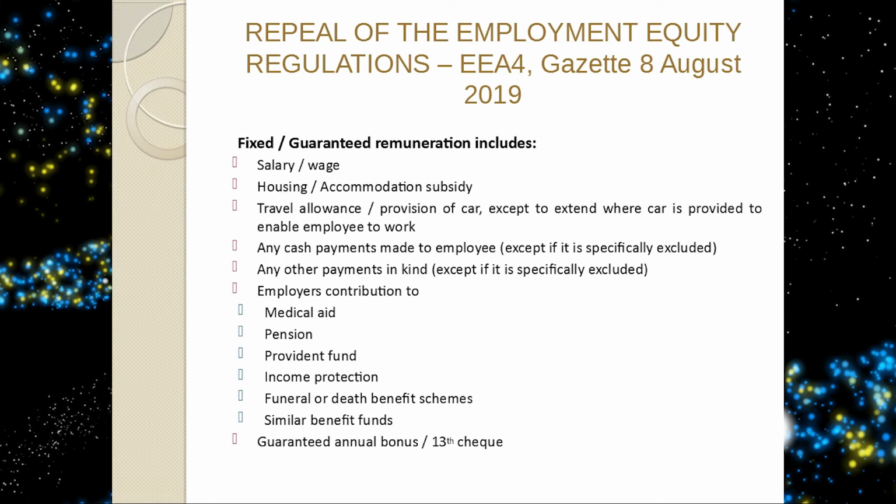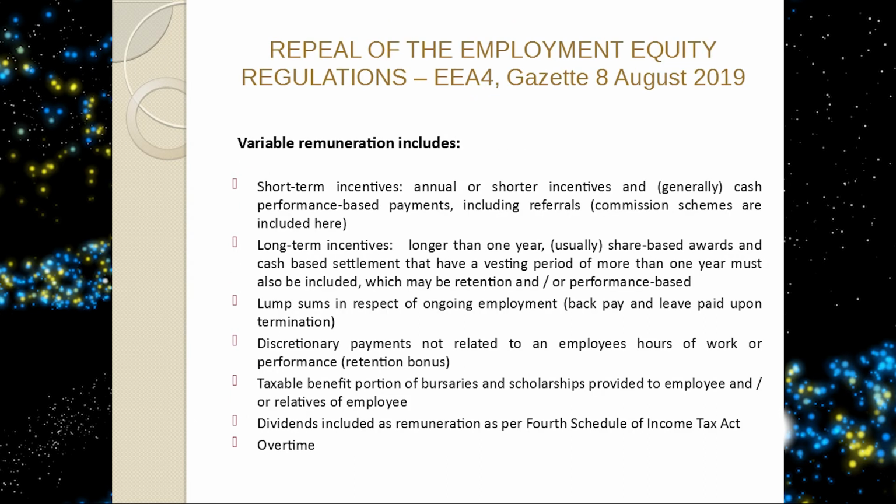Variable remuneration will include the following: short-term incentives, annual or shorter incentives, generally cash performance-based payments, referrals, commission schemes, etc. Long-term incentives, longer than 1 year, usually share-based award schemes, cash-based settlement that has a vesting period of more than 12 months. In other words, more than 1 year. Lump sums in respect of ongoing employment, in other words, back pay and leave paid upon termination.